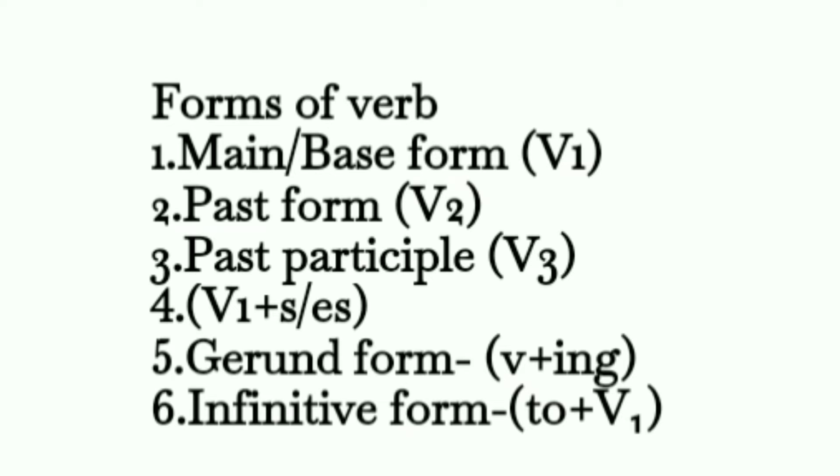Number 5, gerund form or verb plus ing. Number 6, infinitive form or to plus V1. Dear students, you have to know these forms of verbs and you have to use them properly.